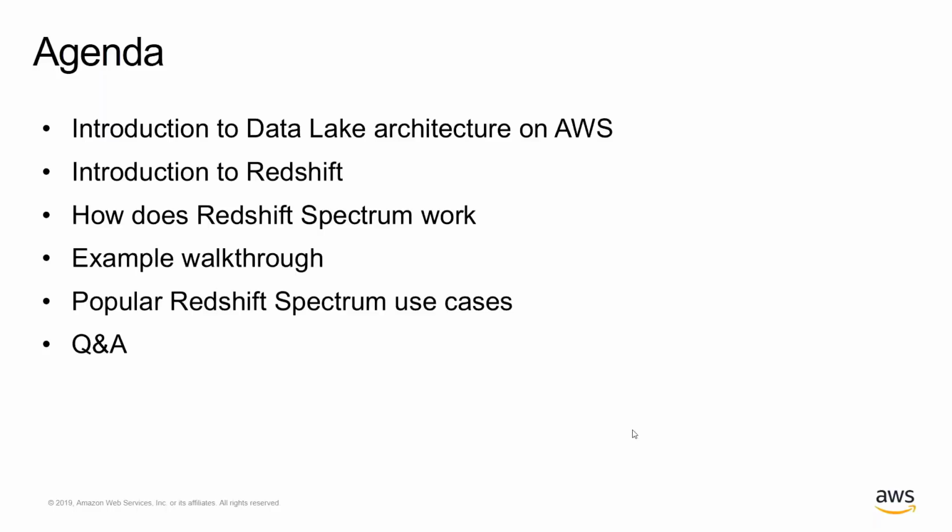Then we will look into Redshift Spectrum because it's the Redshift Spectrum engine that takes a data warehouse architecture into a data lake architecture. So we're going to learn in depth about this Redshift Spectrum engine. As we learn about these concepts, we're going to take an example and we will walk through that example. After that, we will look at some of the popular use cases where Redshift Spectrum is used, and then we will end. So let's get started.